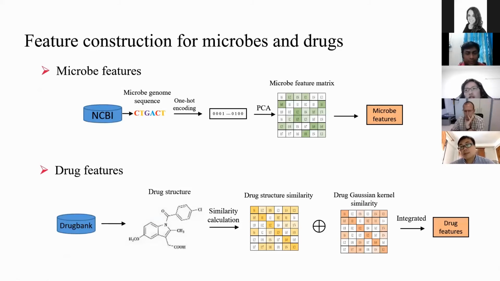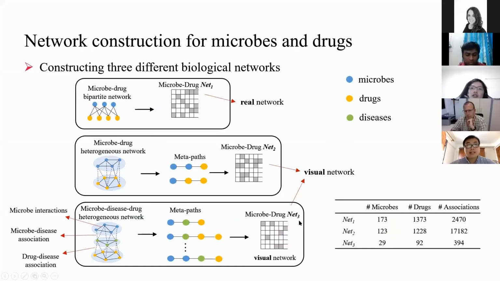To extract more useful information, we further use PCA on the original feature matrix and finally obtain microbe features. Similarly, for drugs, we first download drug chemical structure information from the DrugBank database, and then use structure information to measure the similarities between drugs. Finally, we generate the drug features from the drug structure similarity matrix.